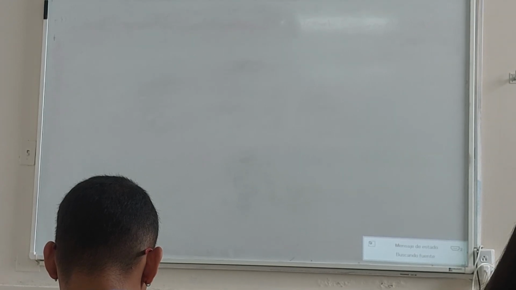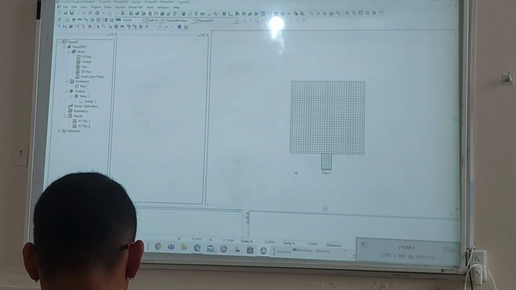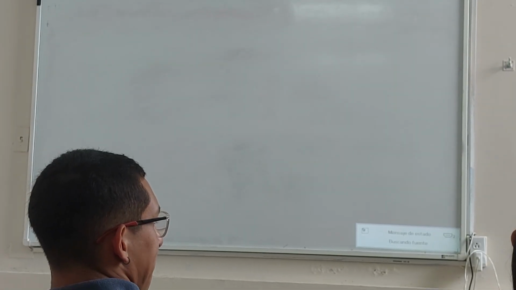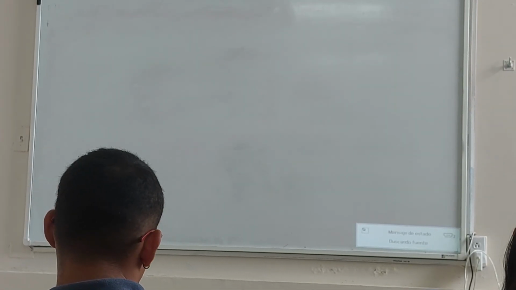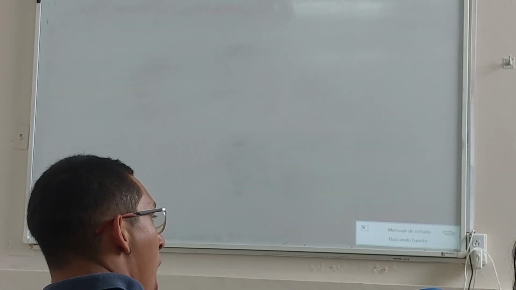Then, as I explained, the length at the beginning is not important because we need to vary this length until we find a real input impedance, exactly as you studied with Professor Infante.